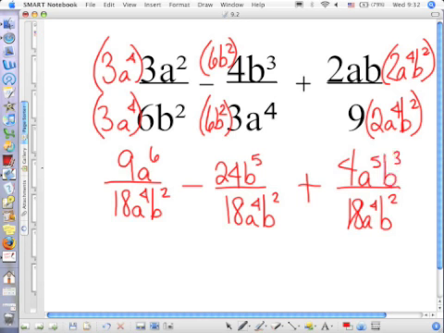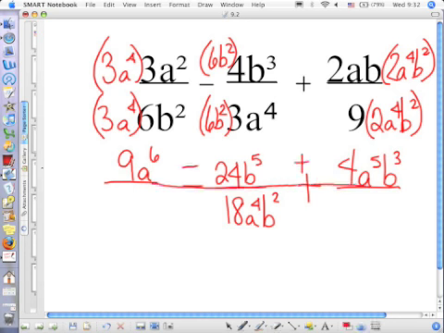Now, if I'm adding 3 fractions and they all have a denominator that's the same, isn't that essentially this? Because they all have the same denominator, right? Okay, can you add this term to this term?